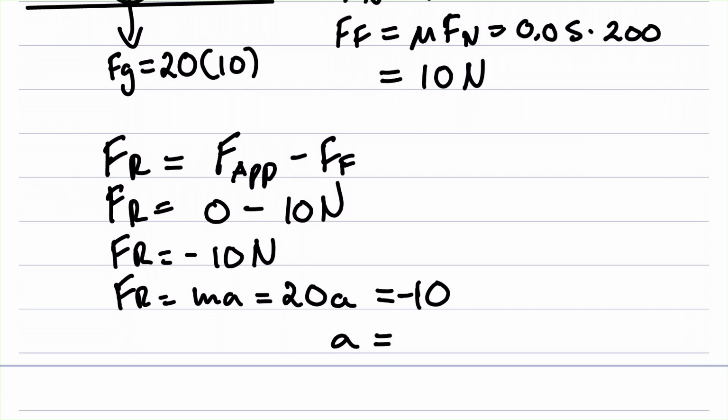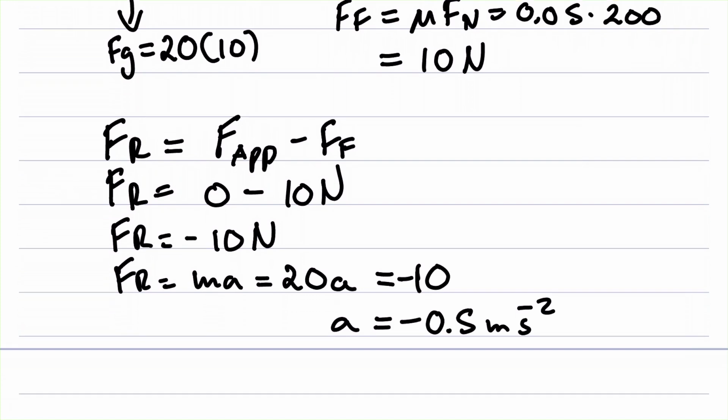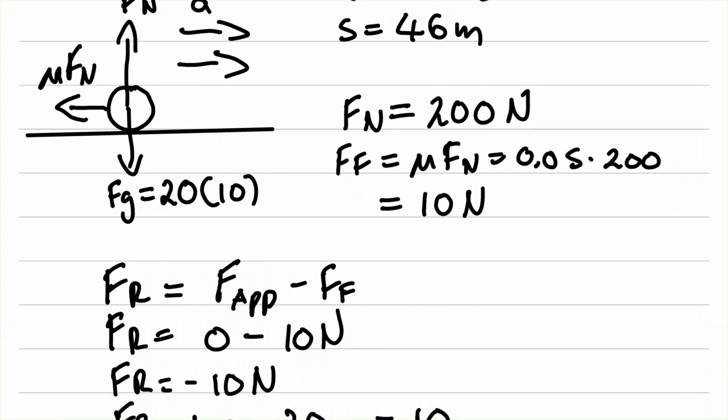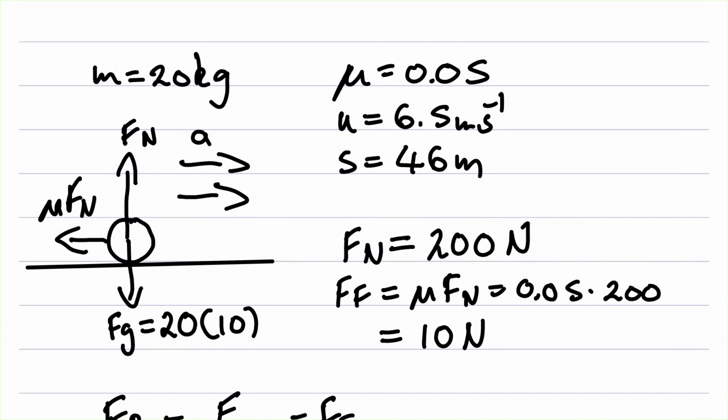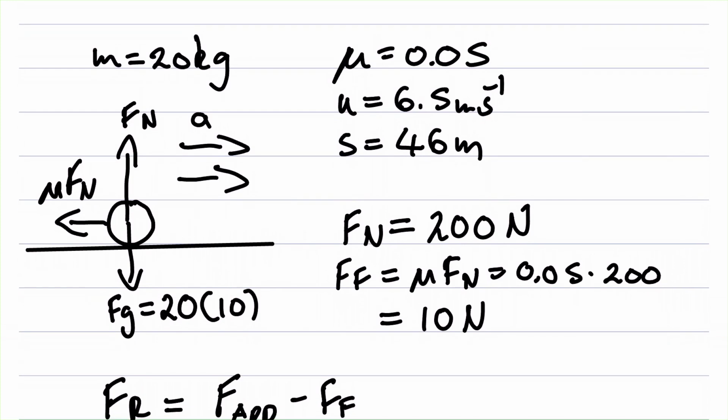Dividing, we get negative 0.5 meters per second squared. Now, using this acceleration, remember we need at least 3 different pieces of information when we're doing our Suvat equations.